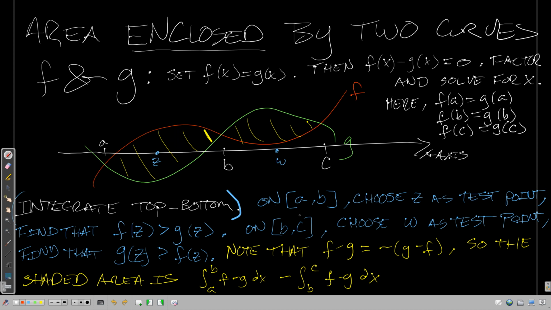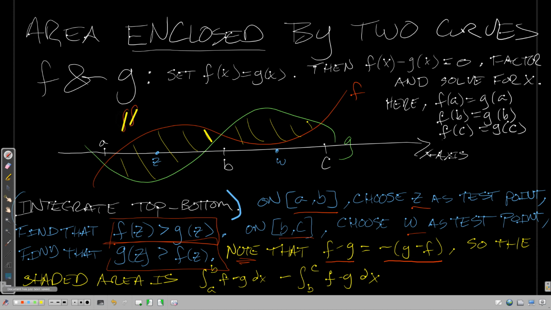So on just the interval from A to B, you pick a test point that's between A and B. And in this case, we would have seen that F was above G. And then on the other interval, you'd pick a test point and you'd see that G is above F. But let's note that the function F minus G is the same thing as the negative of the function G minus F. So in the region from A to B, I'm going to integrate F minus G. And in the region from B to C, I'm going to integrate G minus F because G is on top.